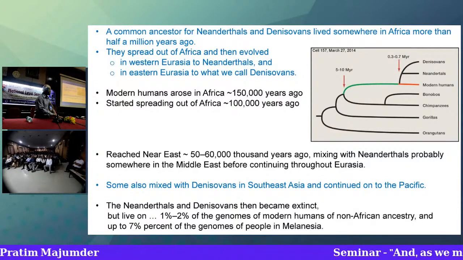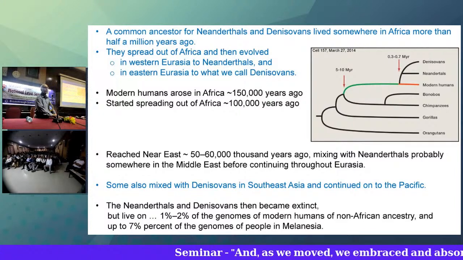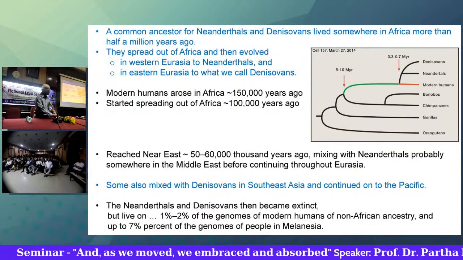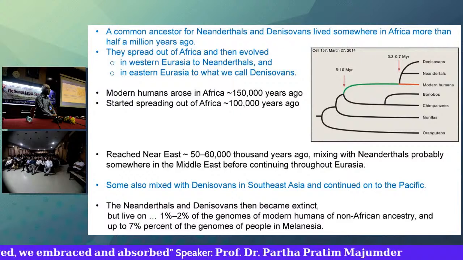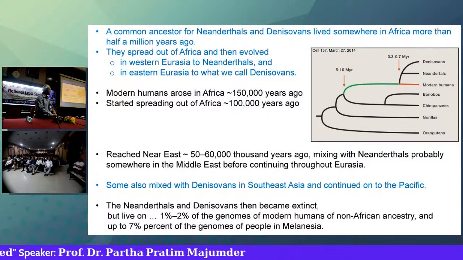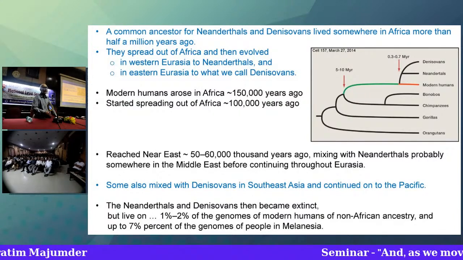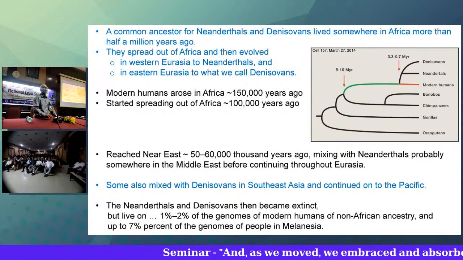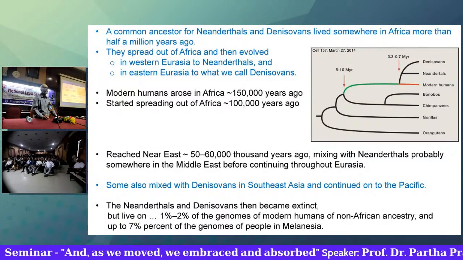So we do have some admixture with the Denisovans in the Pacific, and the extent of admixture of Pacific population groups with the Denisovans is higher than those in Europe, for example. But then the Neanderthals and Denisovans became extinct. But they live on because, like I said, specific signatures in the Neanderthal genomes have been identified. Similarly, specific signatures in the Denisovan genome were identified.